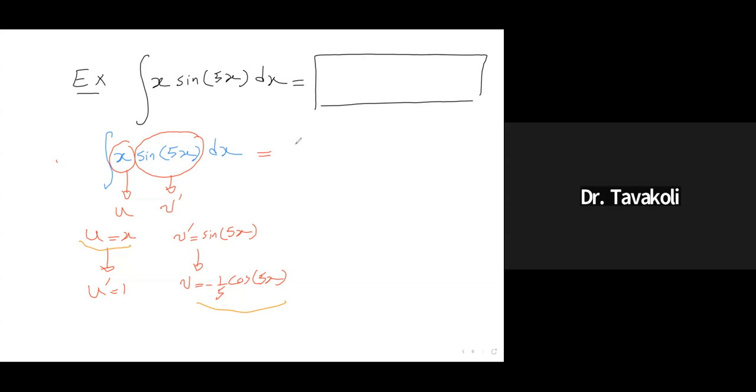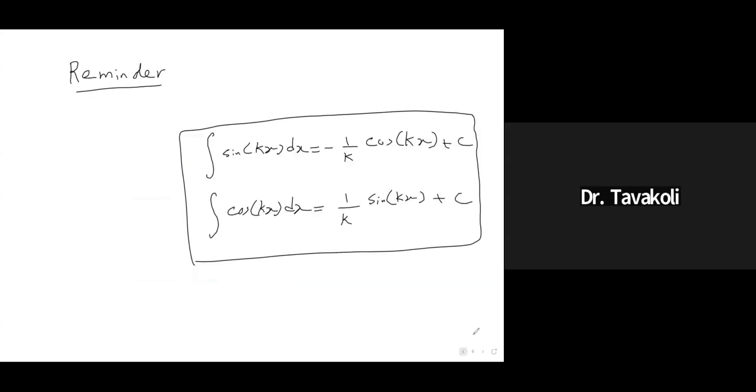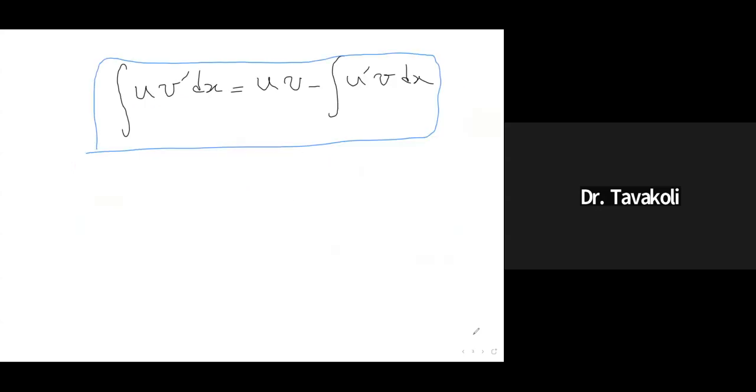So it's going to be minus x over 5 cosine of 5x minus the integral of u prime v. Again, we are using the integration by parts formula.